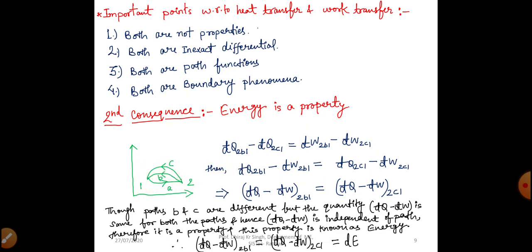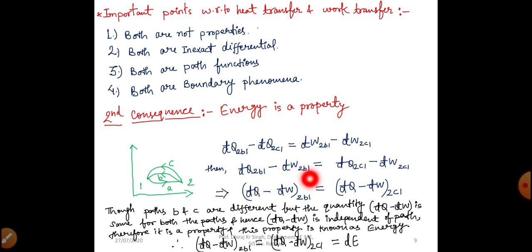As we have discussed earlier, we had this equation: del Q 2b1 minus del Q 2c1 is equal to del W 2b1 minus del W 2c1. What we are observing here is that we have to take the 2b1 terms to one side. So del Q 2b1, and from here del W 2b1 we have taken to the left hand side. So del Q 2b1 minus del W 2b1 equals del Q 2c1 minus del W 2c1, right?